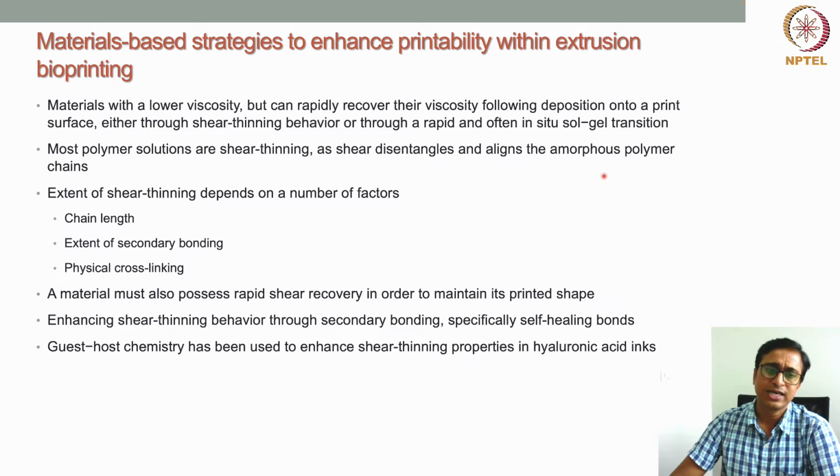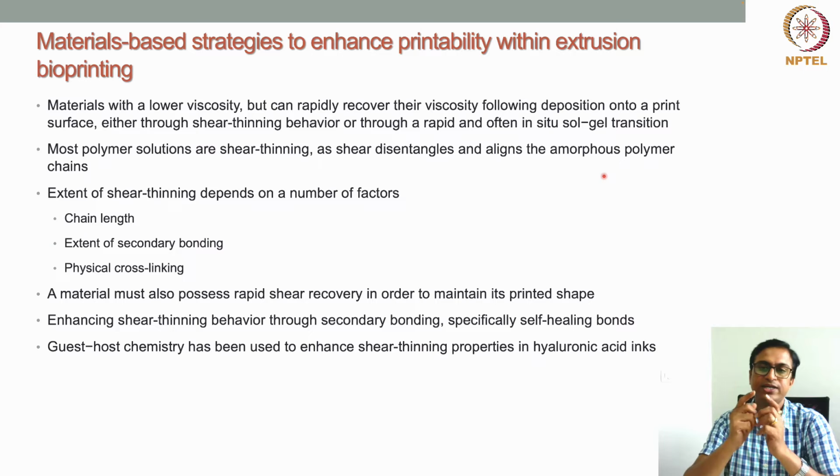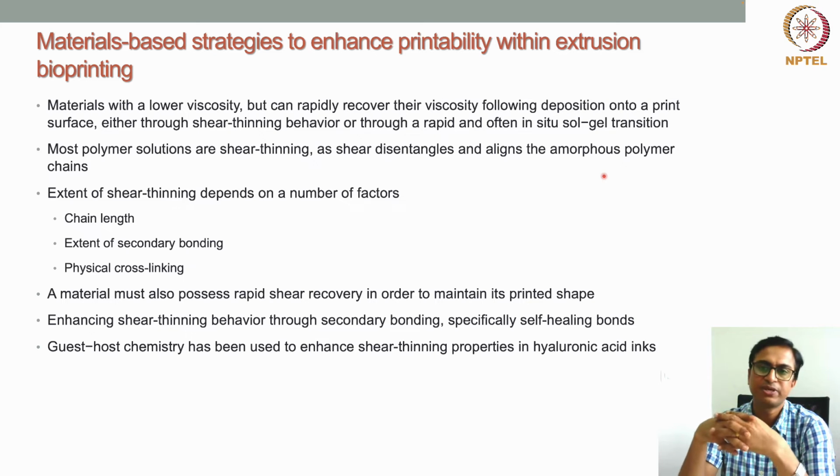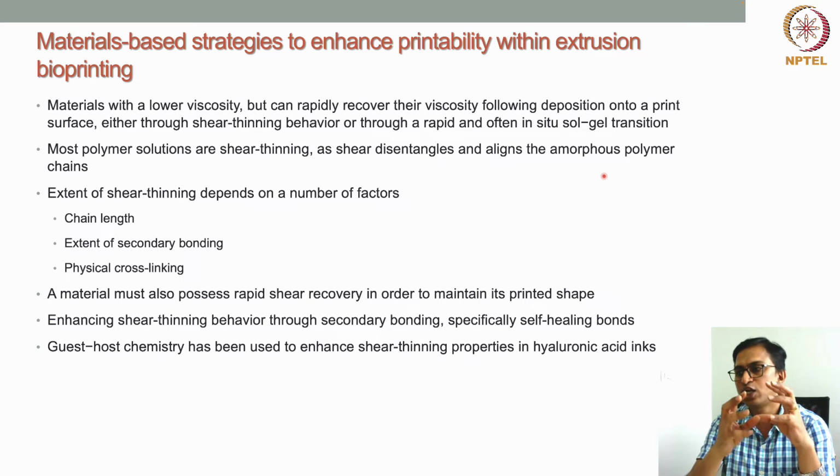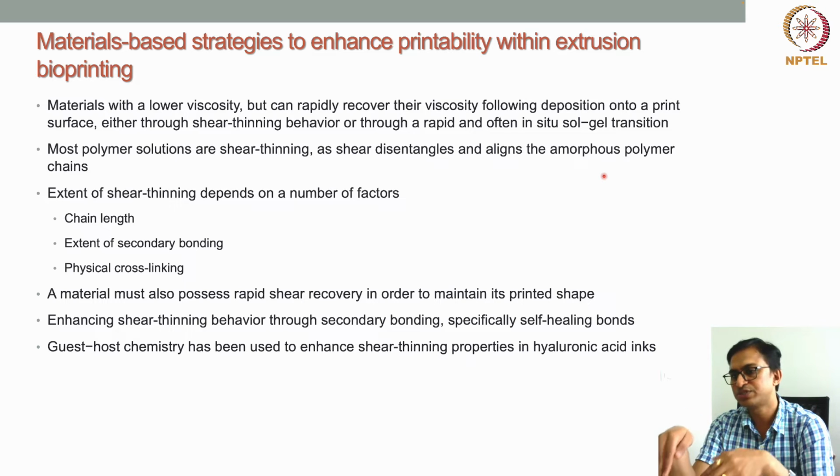Now, there are a number of factors that determine the extent of shear thinning of a material. As I have already said, for extrusion-based bioprinting, a high shear thinning material is very good, because initially at low shear or no shear, it has a very high viscosity. When you apply high shear, the viscosity comes down.